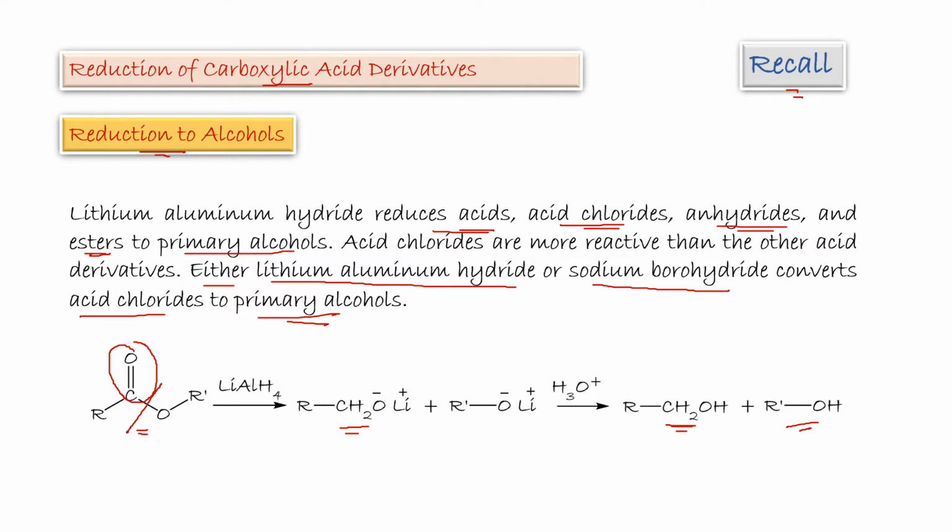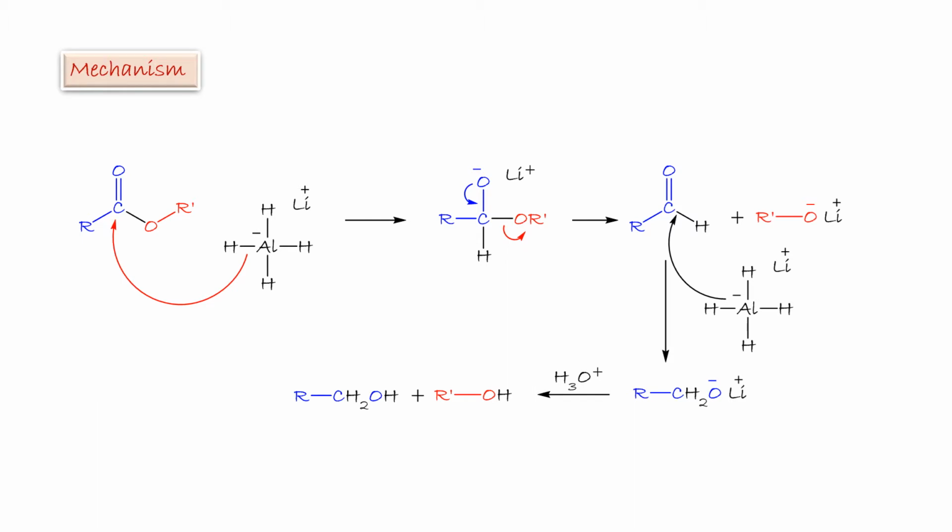Here is how the mechanism goes: first, hydride attack on the ester, addition followed by elimination to form the alkoxide salt of this part and an aldehyde intermediate, which we cannot isolate.